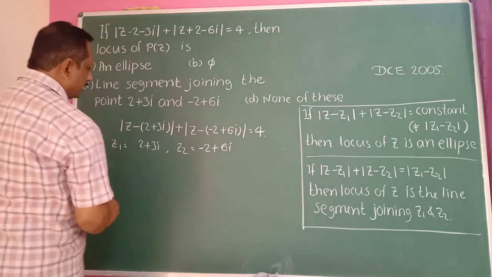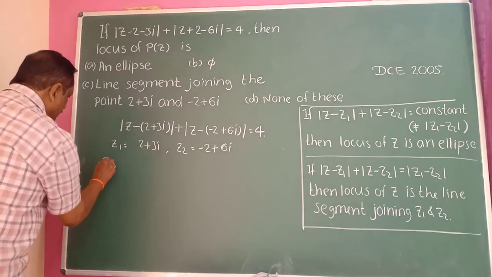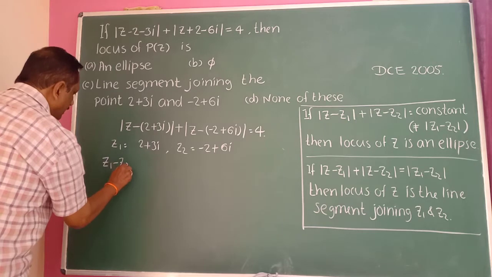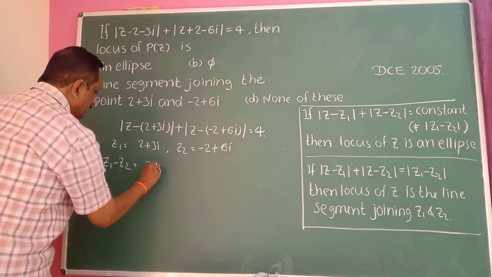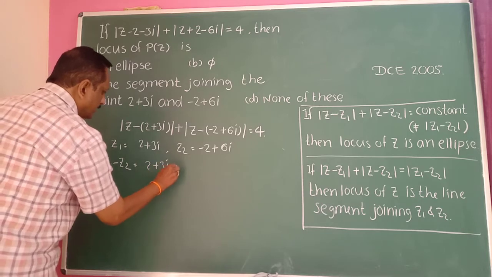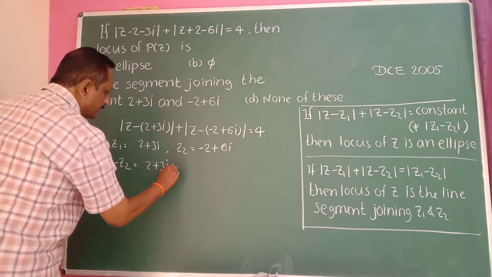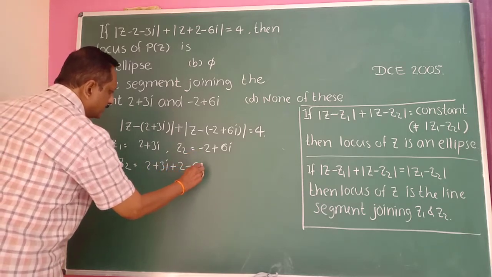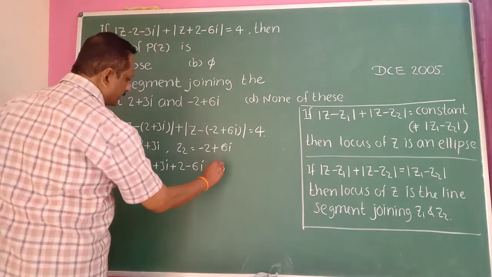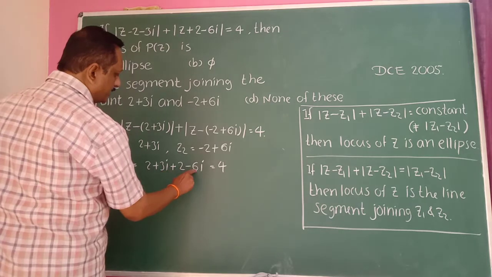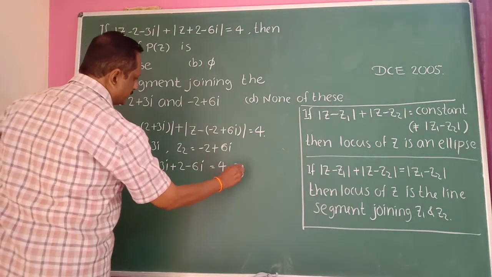Then z1 minus z2 gives 2 plus 3i plus 2 minus 6i. Then 2 plus 2 becomes 4, and 3i minus 6i becomes minus 3i.